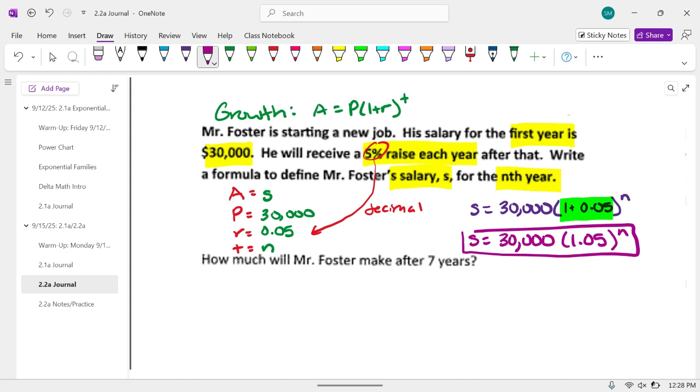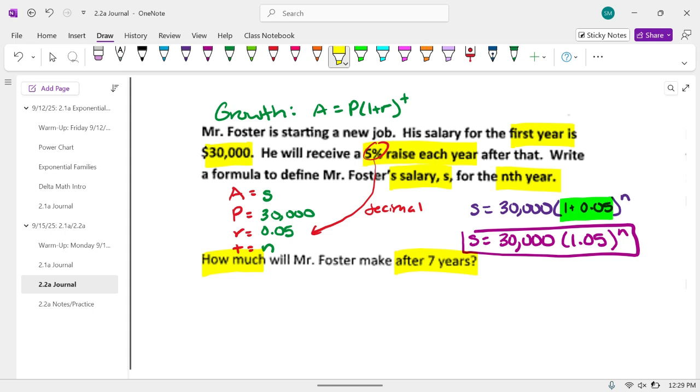All right, so now we can answer the next part of the question, which is how much will Mr. Foster make after 7 years? So, in other words, what do you think I want to plug 7 in for?